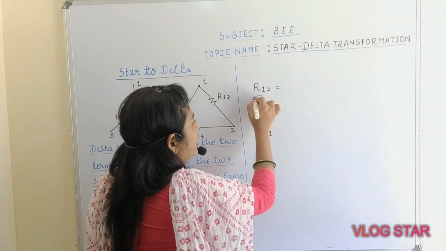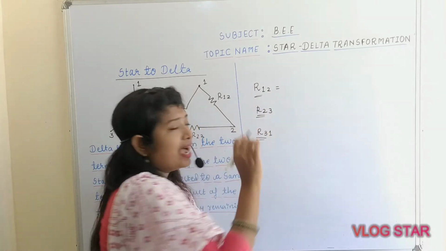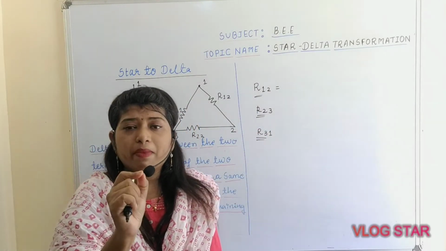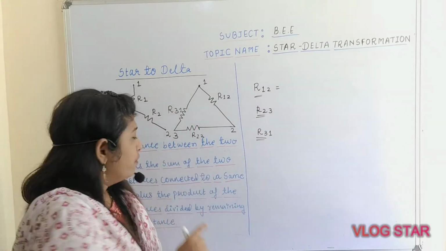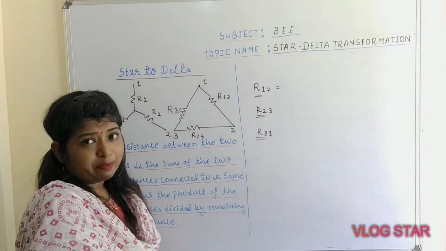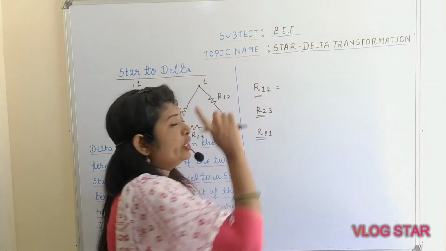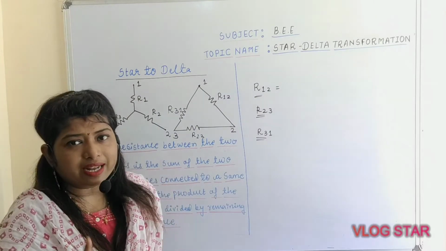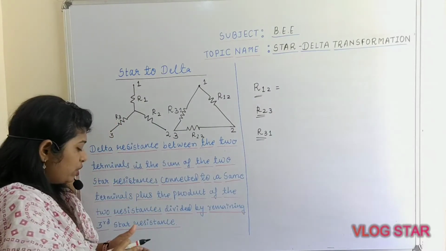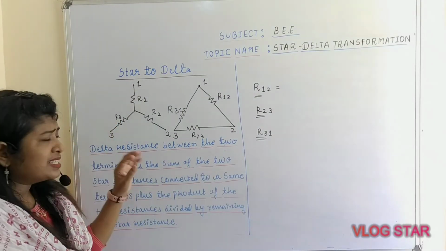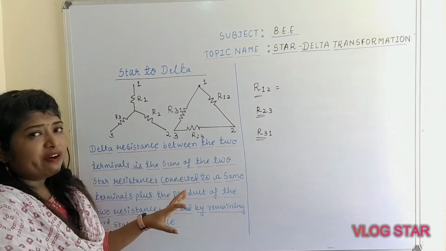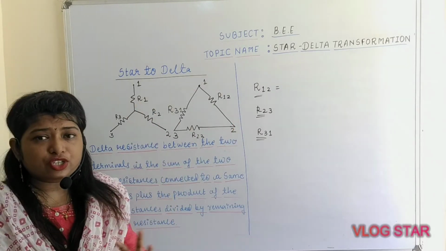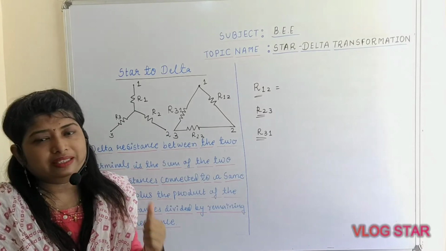Now to formulate R1,2, R2,3 and R3,1, you have to remember a simple statement. With the help of this statement, you have to formulate R1,2, R2,3 and R3,1. Please pay attention over here. This is a standard statement. To perform star to delta transformation, you have to remember this statement.